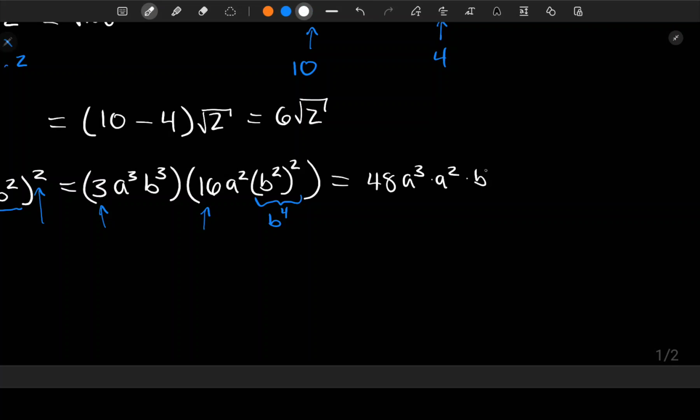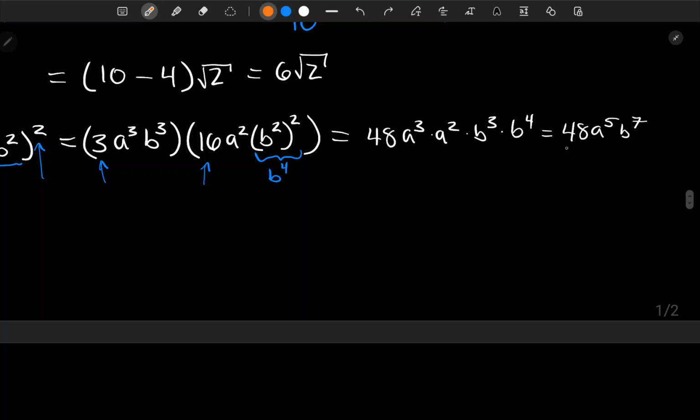So it would be times b cubed times b to the 4th, which can finally be written as 48 times a to the 5th times b to the 7th power. The reason we get these exponents is because 5 is equal to 3 plus 2, and 7 here is equal to 3 plus 4. So 48 times a to the 5th times b to the 7th is the answer.